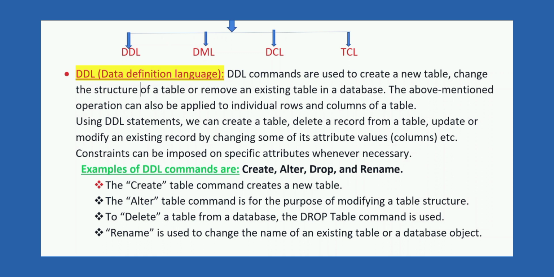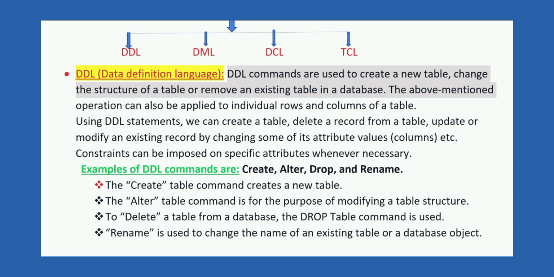So first let us start with DDL. DDL commands are used to create a new table. The first thing in a database is to create a new table so that we can insert some values into that table. That we can do with the help of DDL. Now, change the structure of a table or remove an existing table in a database.